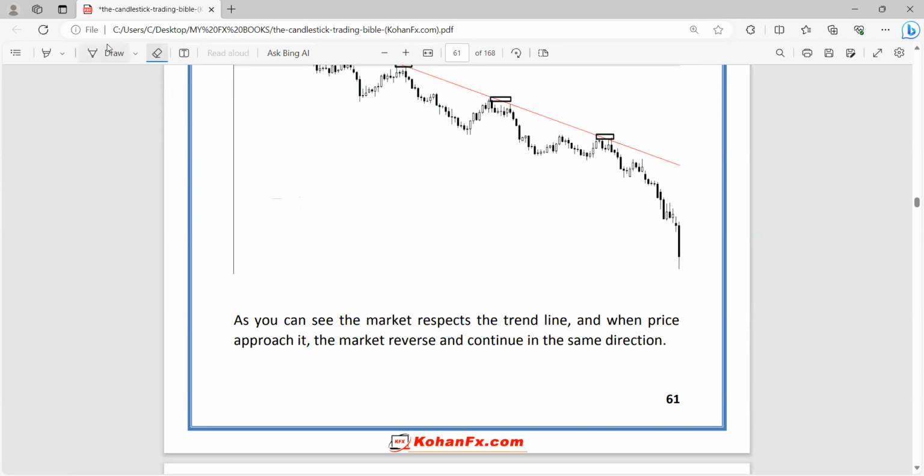Same thing applies for a downtrend. So for a downtrend, let's say the market is coming down like this. And see this level. Forgive my lines.